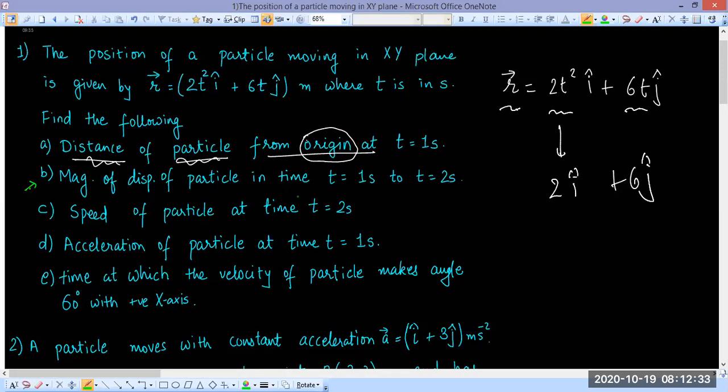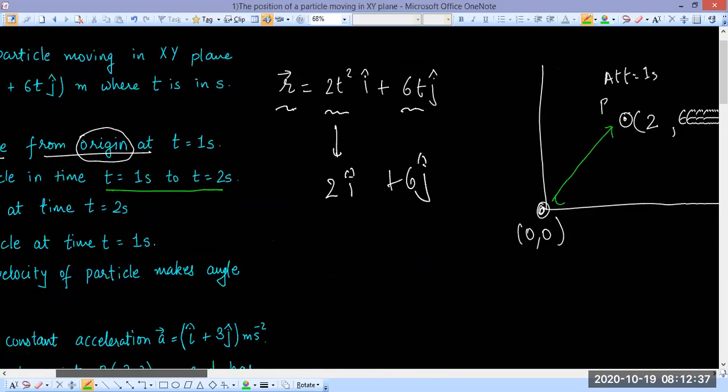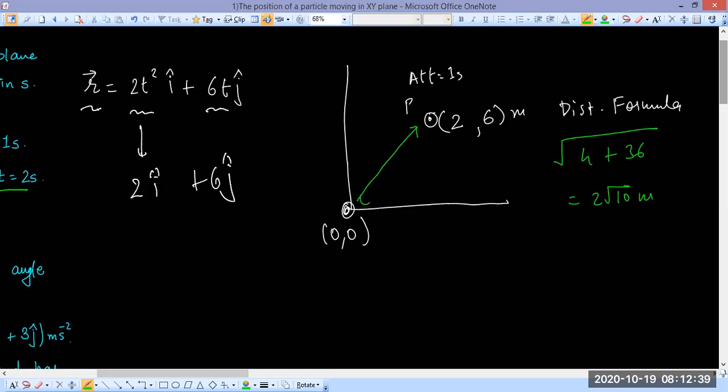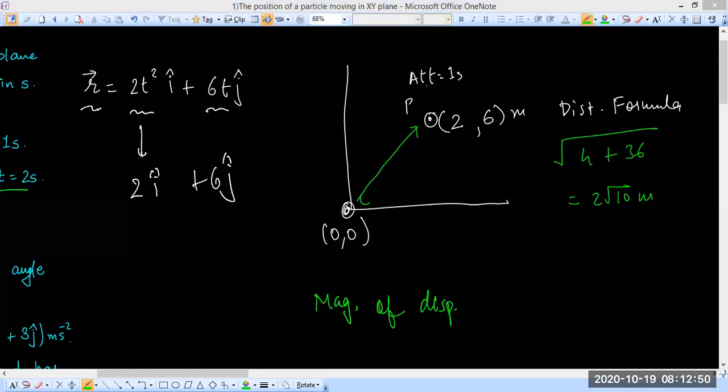Magnitude of displacement of particle in time 1 second to 2 seconds, right? So you have to find the magnitude of displacement. This is where the particle was at t equal to 1 second, so this is the initial position vector.